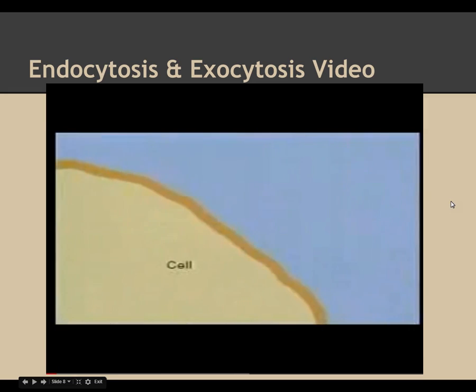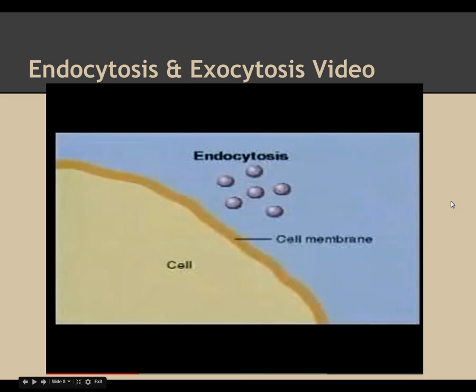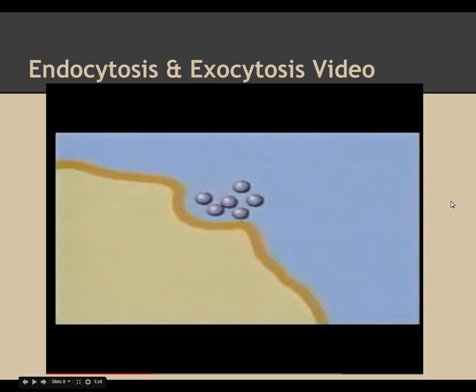Cells can move large particles across the membrane by bulk transport. Bulk transport into the cell is called endocytosis. Bulk transport out of the cell is called exocytosis. During endocytosis, the cell membrane folds into a pouch surrounding particles outside the cell.